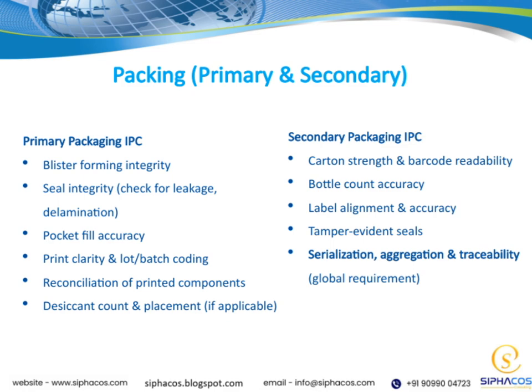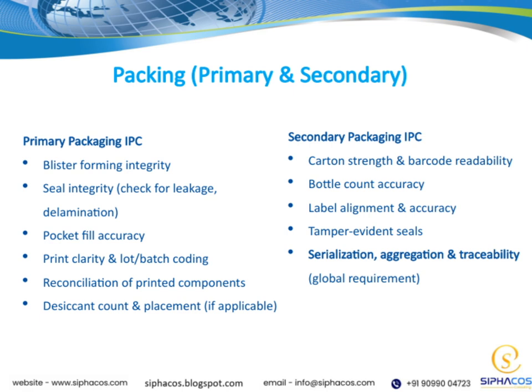Properly placed labels prevent misbranding and facilitate traceability. Don't forget tamper-evident seals, which are essential for consumer safety and product integrity. Serialization, aggregation, and traceability are now more important than ever, as they are global requirements to combat counterfeiting and ensure full traceability throughout the supply chain.